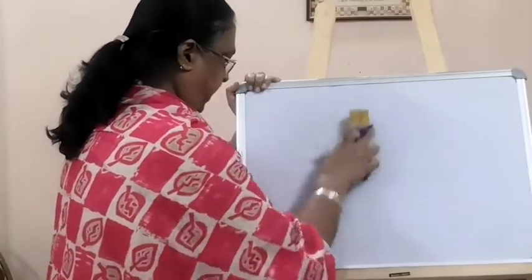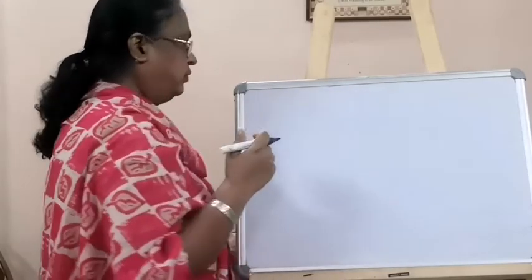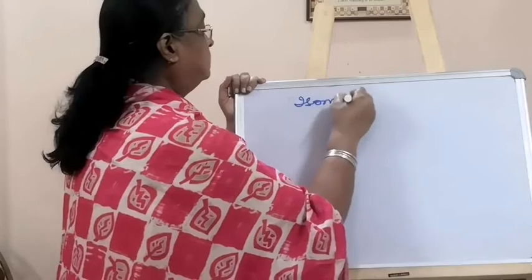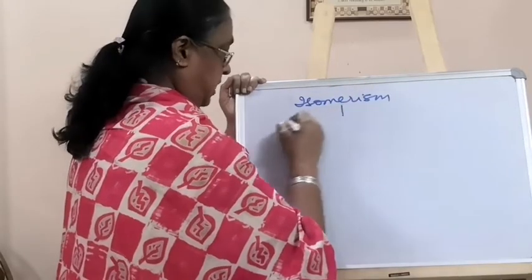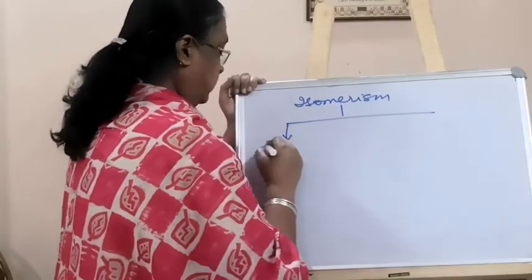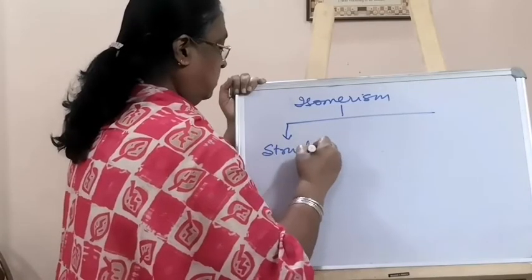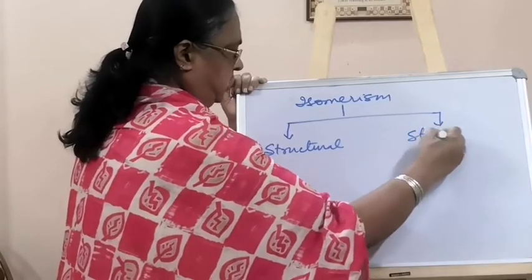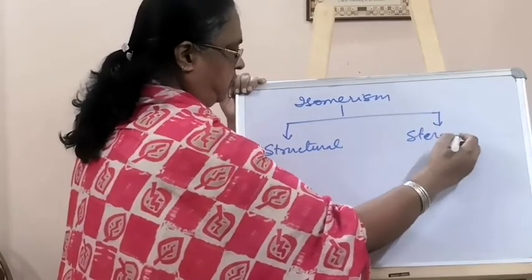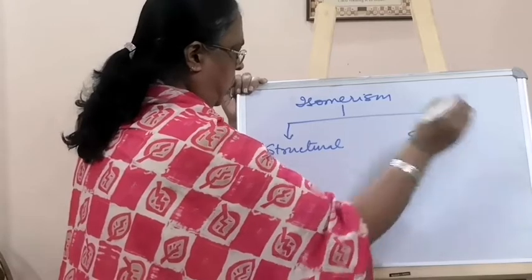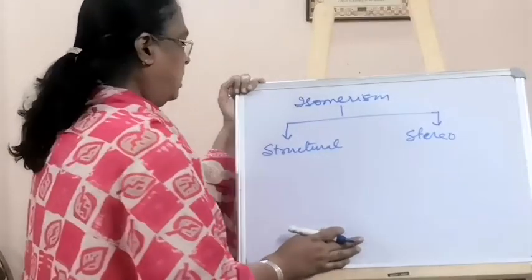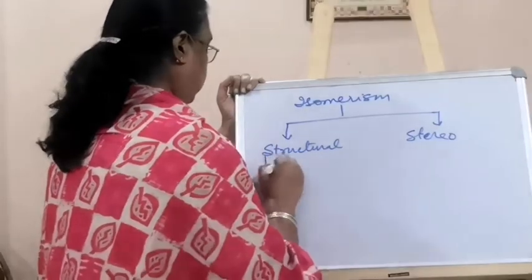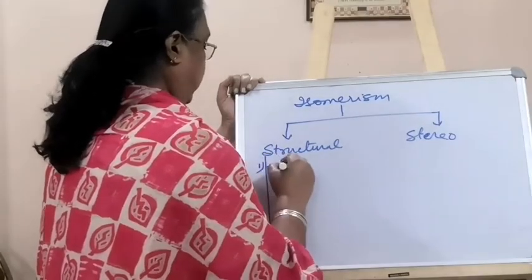So for the types of isomerism, or classification, you have to do 2 types. One is structural and the other is stereo. One more is there, conformational stereo isomerism, but that you do not have to do.